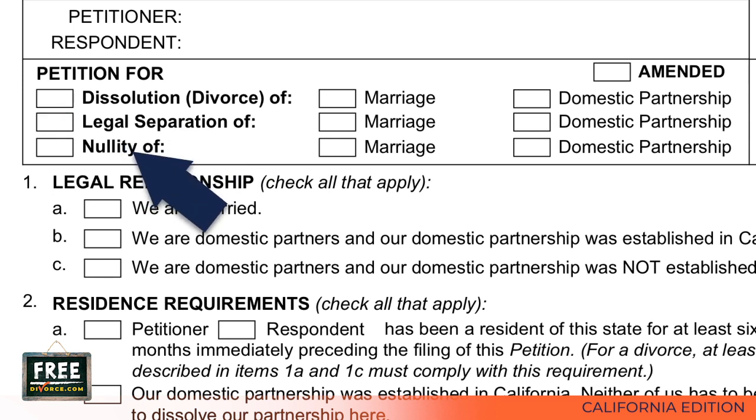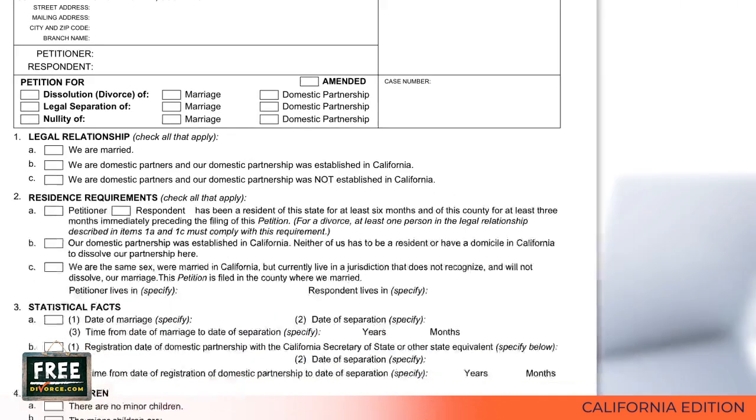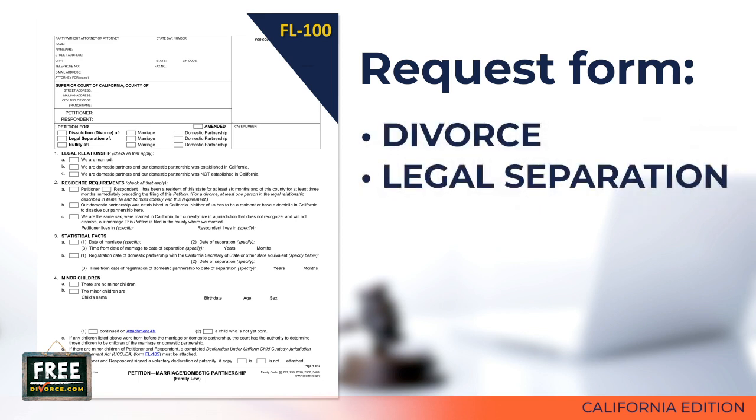If you want an annulment, check the box that says nullity. If you were not married but have a domestic partnership that was registered with the California Secretary of State, you can also use the FL 100 to dissolve your domestic partnership. The FL 100 is essentially a request form where you are requesting that the court give you a divorce, issue a judgment of legal separation, or a judgment nullifying your marriage.